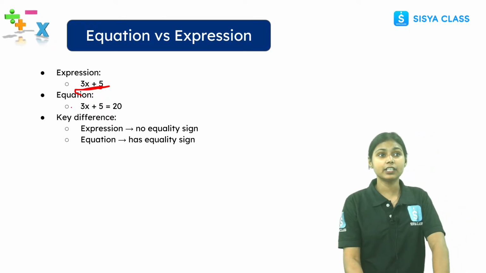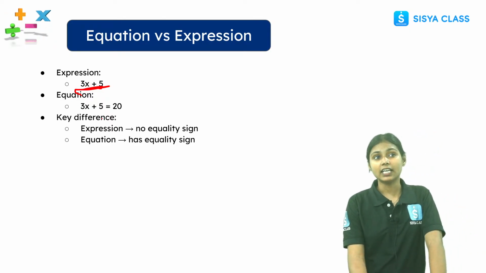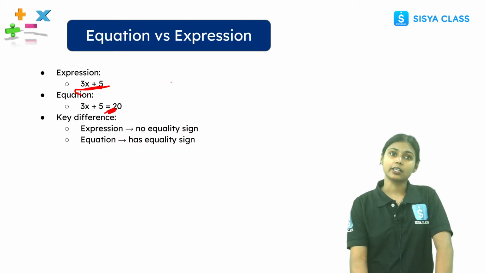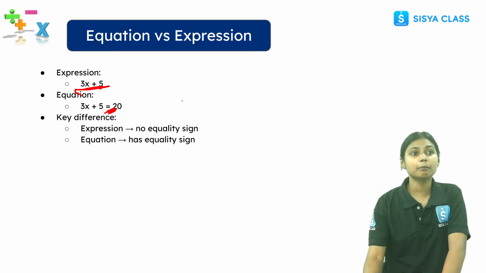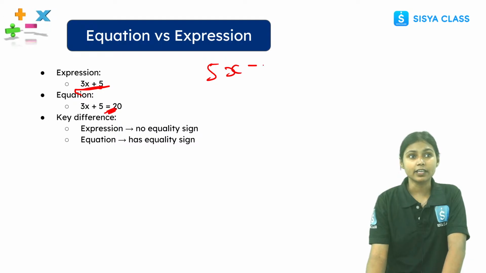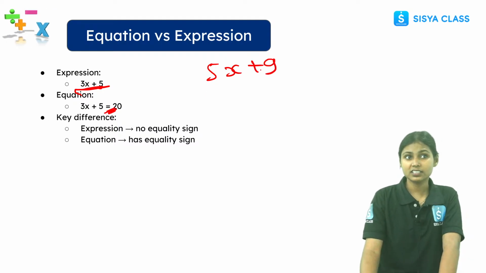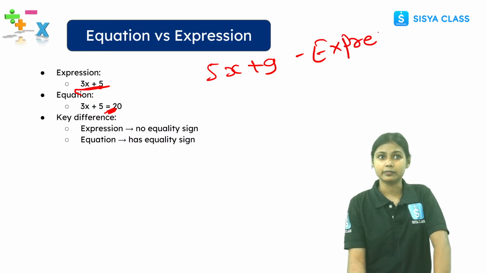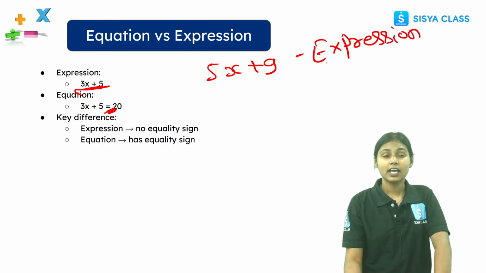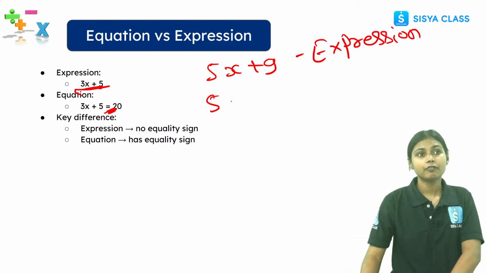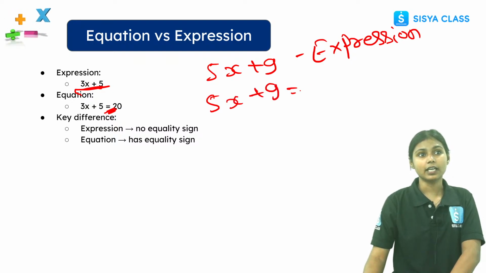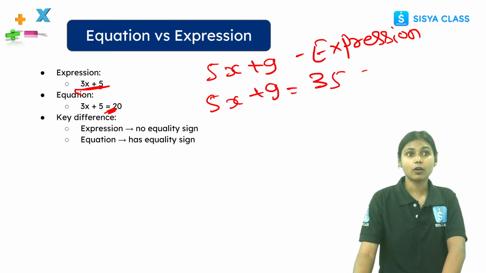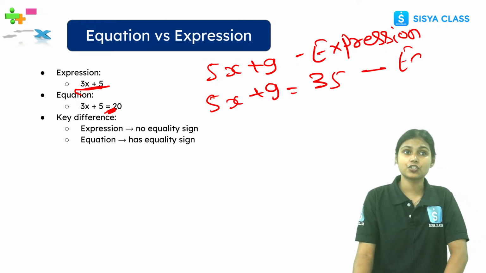So the expression is 3x plus 5, and if we use the equals sign, it will be called an equation. For example, 5x plus 9 is called an expression. And now if I write 5x plus 9 is equal to 35, then it will be called an equation.